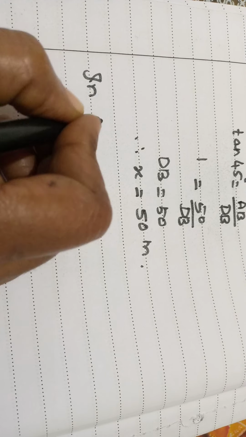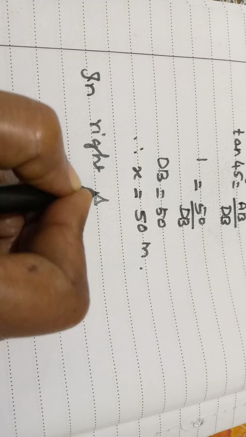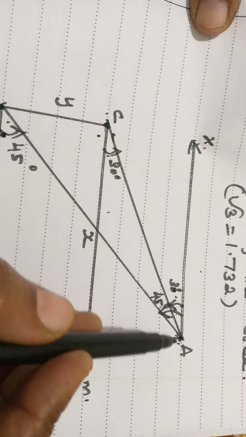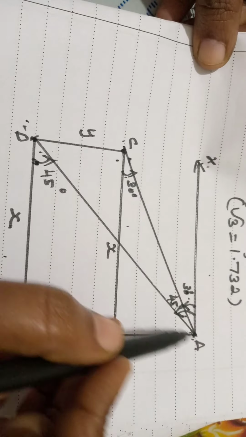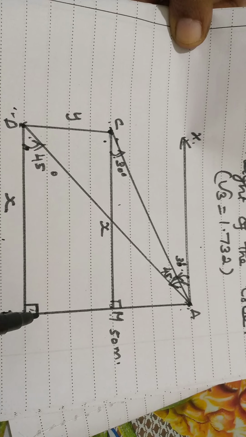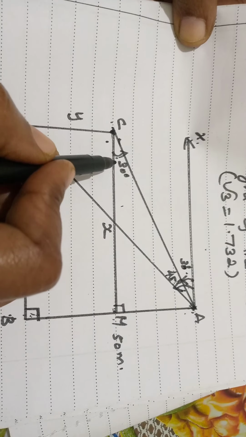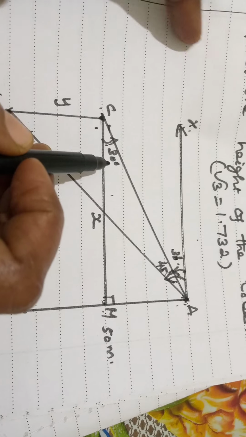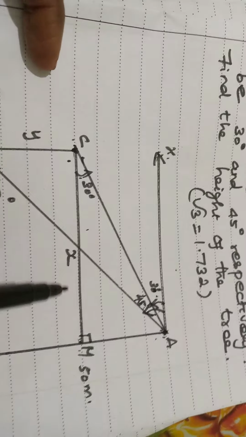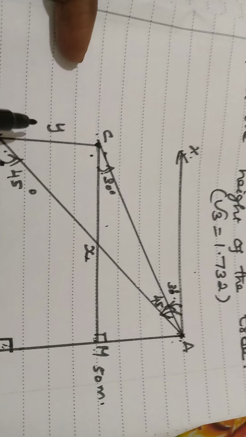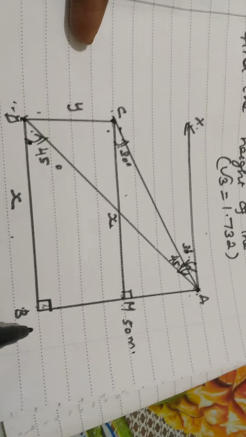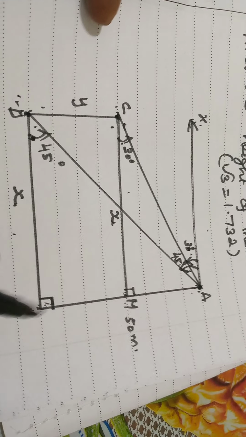Now next right triangle let us take. What is the next right triangle we have? In right triangle AMC, see the diagram. This right triangle AMC is mentioned here. Angle is given 30 degree. Here also the adjacent we have. We need CD, for that we have to find BM.